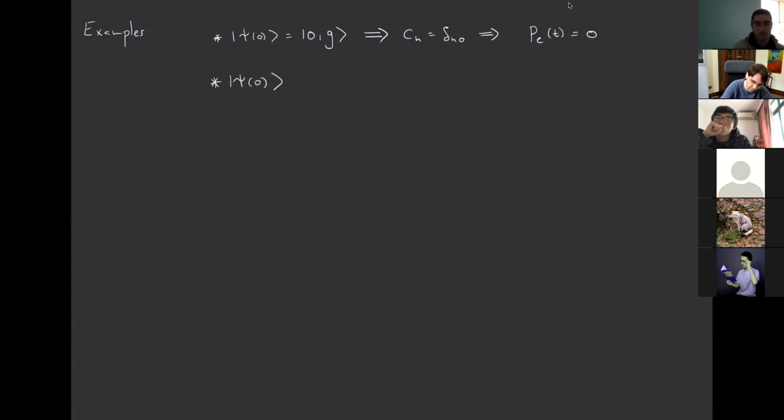So let me then start with something that is less trivial. In particular, let me start with the cavity in a Fock state with n photons. Okay, so this is a Fock state.